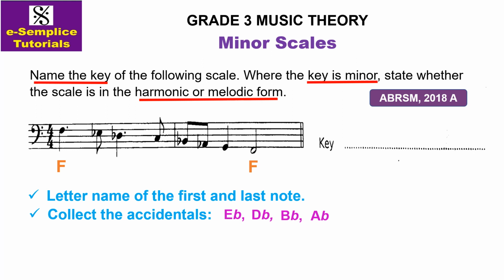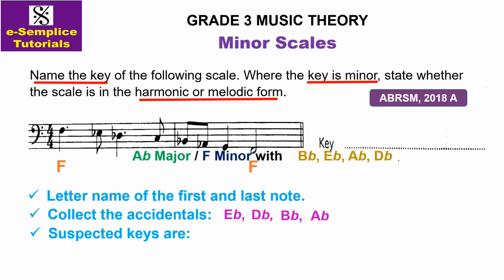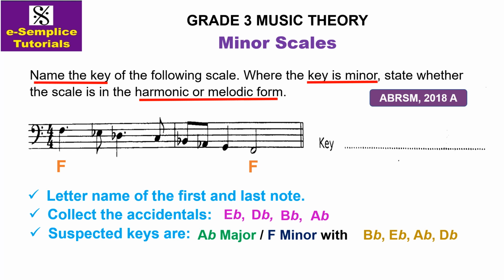And from these accidentals, from your knowledge of key signatures, which keys are suspects considering these accidentals? The suspected keys are A flat major or F minor, because these two have B flat, E flat, A flat, and D flat.